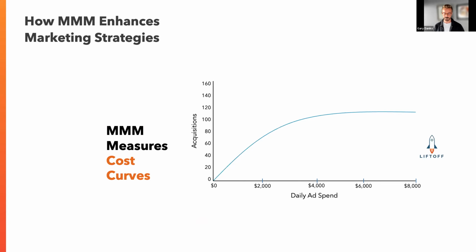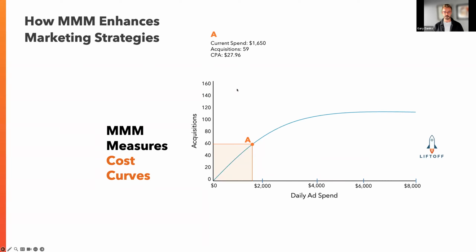So for example, in scenario A, it's going to measure that on Liftoff today, your current spend is roughly about $1,600 a day, and you're acquiring about 59 acquisitions for that. So the CPA is roughly about $28. A good MMM system would be able to show you what your optimal spend is.